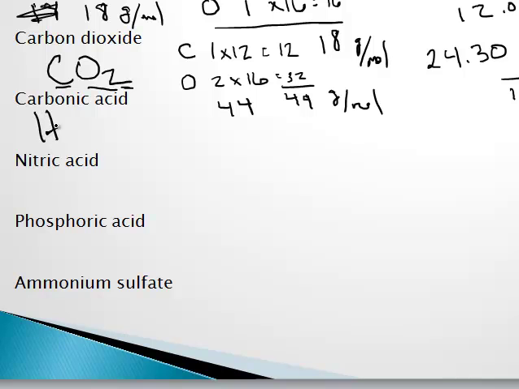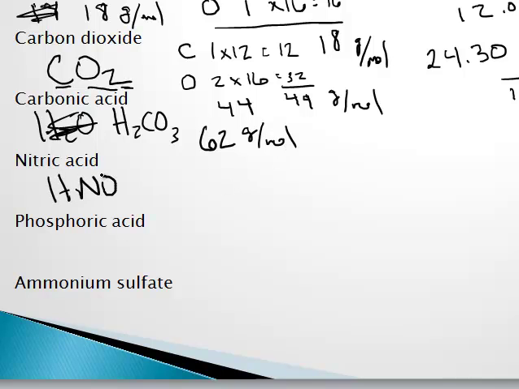Carbonic acid, H2CO3. So add them up. 2 times 1 plus 12 plus 3 times 16, you should get 62 grams per mole. Nitric acid is HNO3.